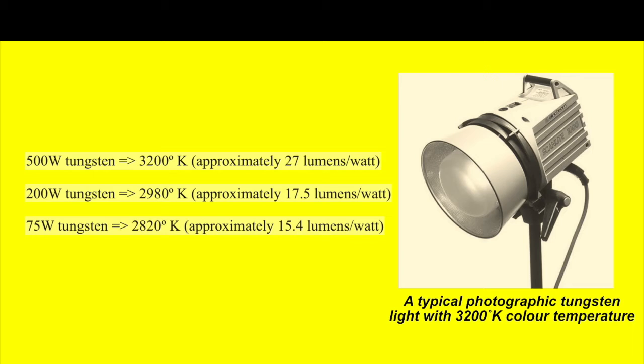The 200 watt tungsten heated up to 2980 Kelvin degrees produces approximately 17.5 lumens per watt. And a 75 watt tungsten light heated up to 2800 degrees approximately produces 15 lumens per watt.